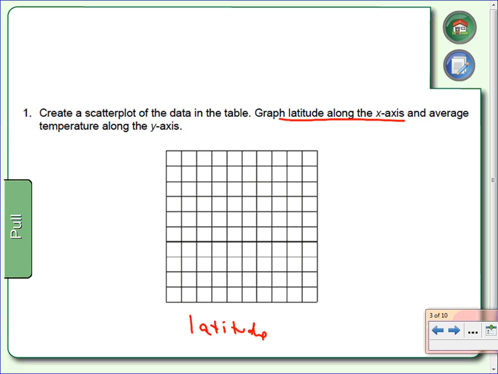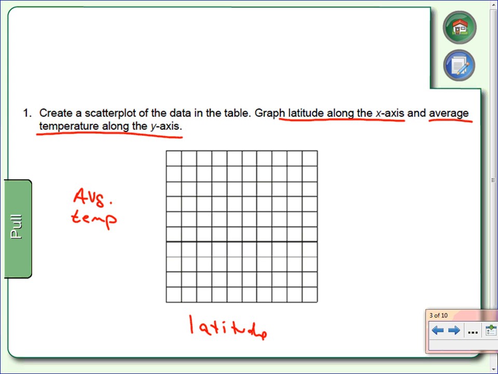It also says that we're going to let the y-axis be the what? Average temperature. So the x's are the latitude, the y's are the average temperature.